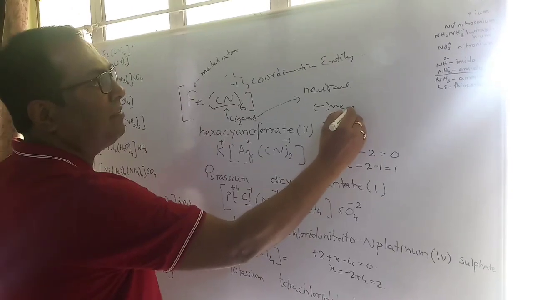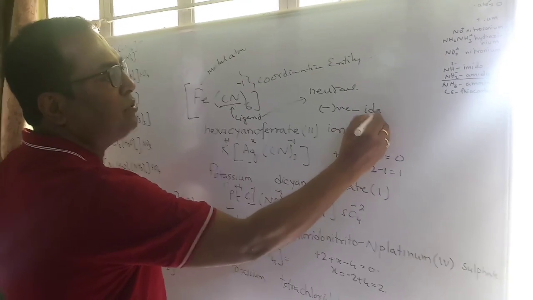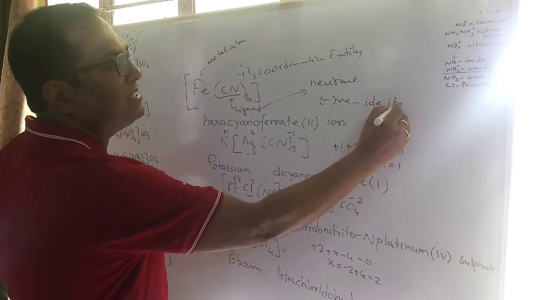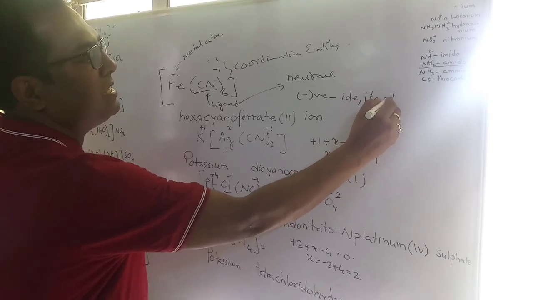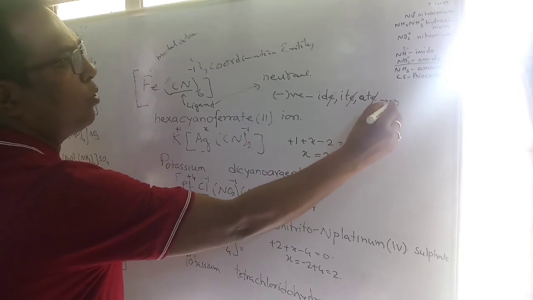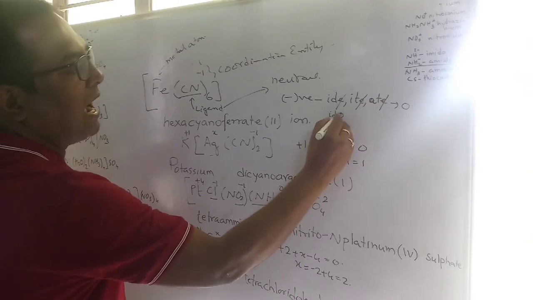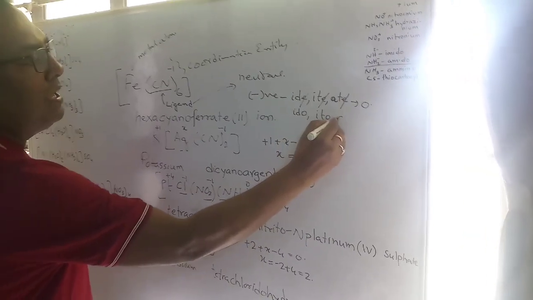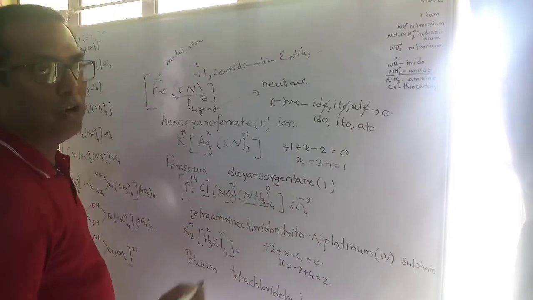When it is negative and ends with IDE, ITE or ATE, we remove this E and replace it with O. So we have to write IDO, ITO, ATO and so on.